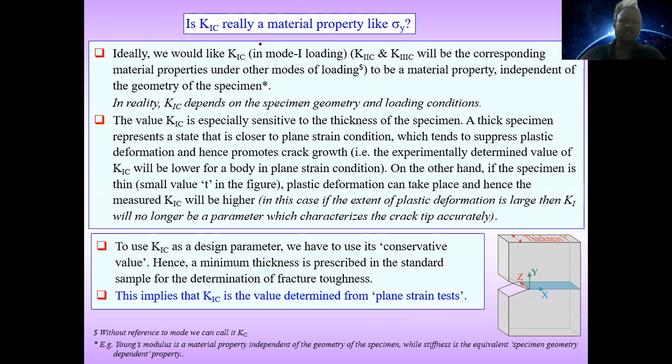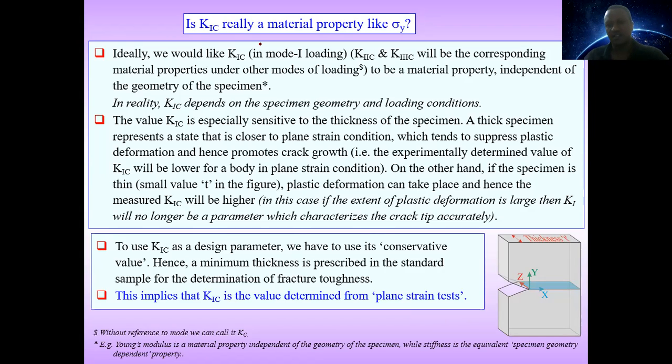In reality, K1C depends on the specimen geometry and the loading conditions. The value of K1C is especially sensitive to the thickness of the material. A thick specimen represents a state closer to the plane strain condition, which tends to suppress plastic deformation and hence promotes crack growth. The experimentally determined value of K1C will be lower for a body in the plane strain condition.